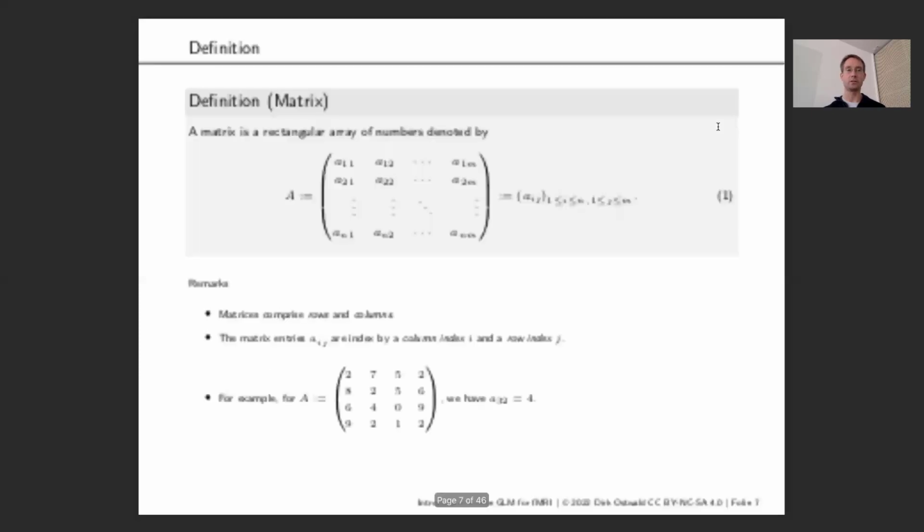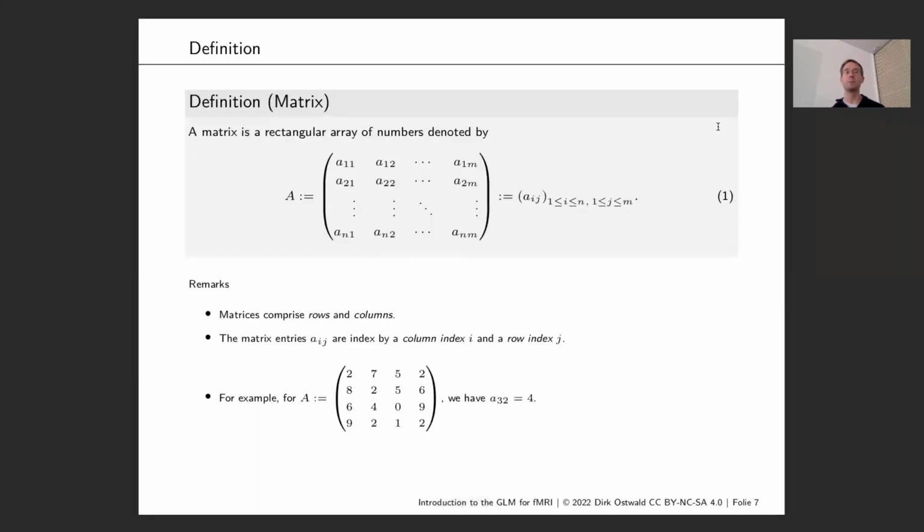Good, then let's go. What is a matrix? A matrix is a rectangular array of numbers, and it's denoted as shown here. I will always use capital letters for matrices, and matrices comprise numbers, which are usually represented by symbols, here these little a's, and they have indices.